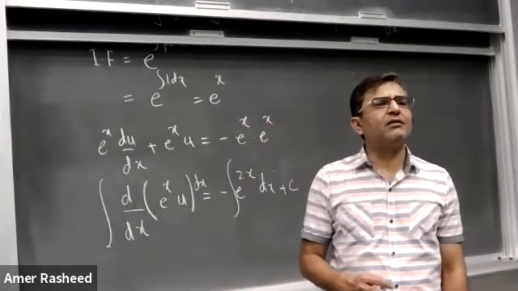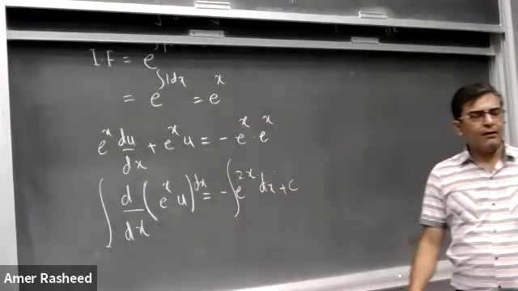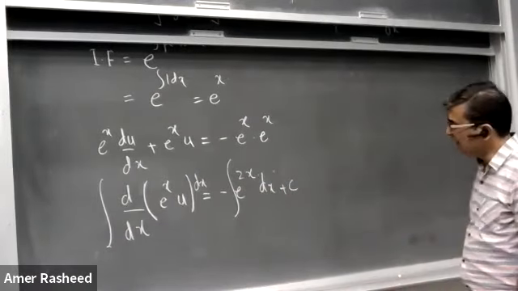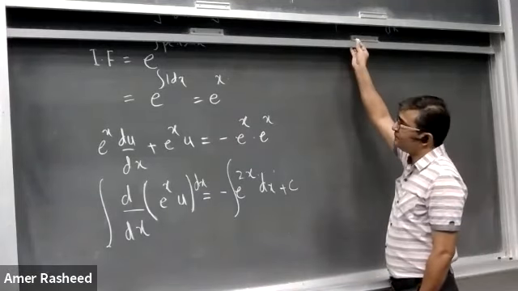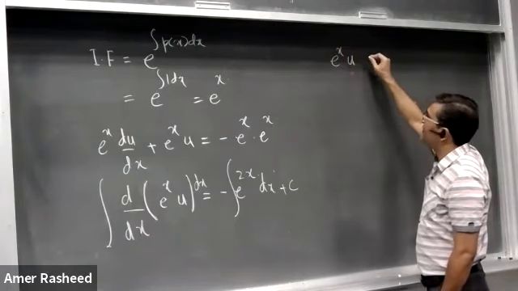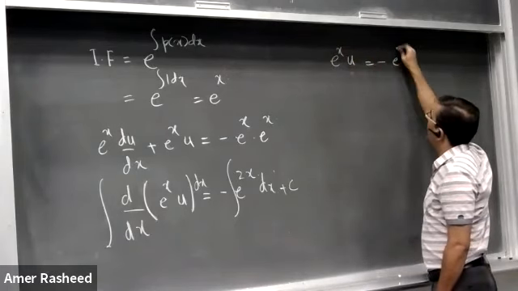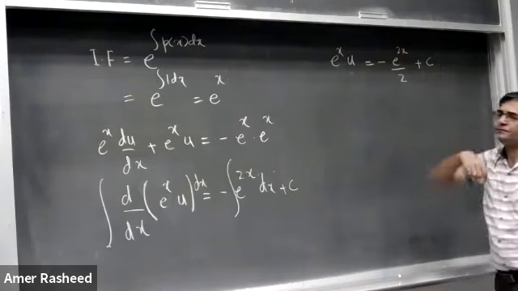You must have studied the first fundamental theorem of calculus in calculus. We use, sorry, first fundamental theorem of calculus here, and we obtain e raised power x times u is equal to negative e raised power 2x divided by 2 plus c.